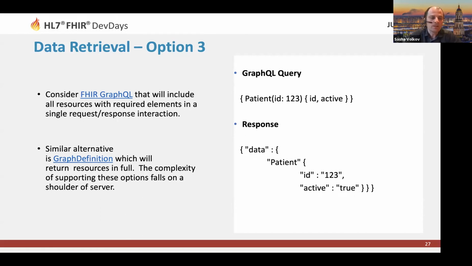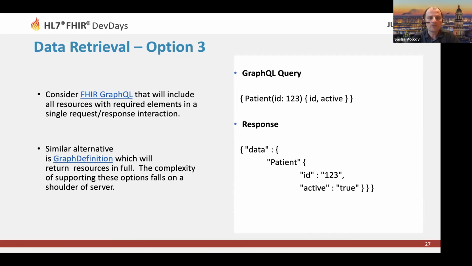So option number one is to use the graph definition. With this option, you can define what resources you want retrieved as a graph with all the relationships and search and retrieval criteria. And as a result, you will receive all the matched resources with their full content, with all elements. So it's basically all or nothing.